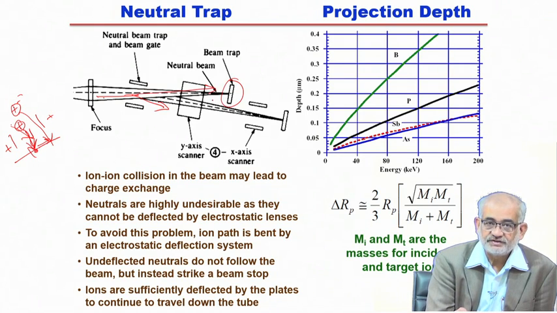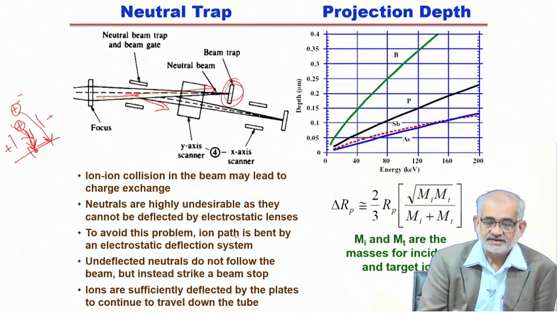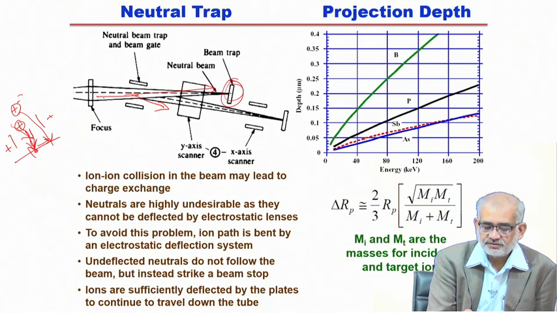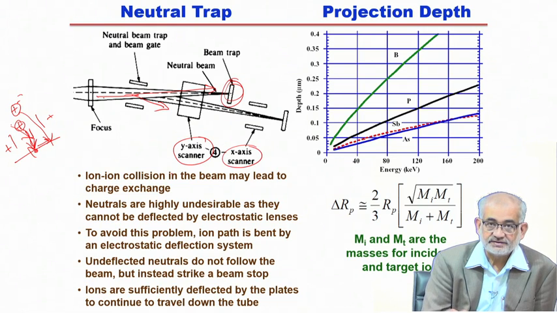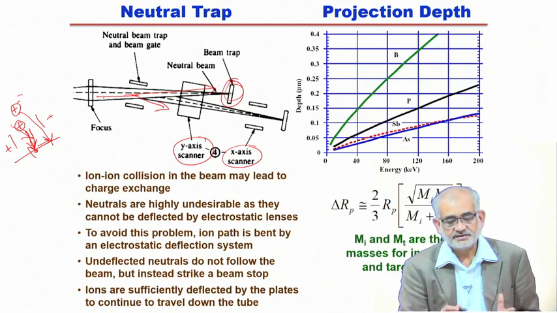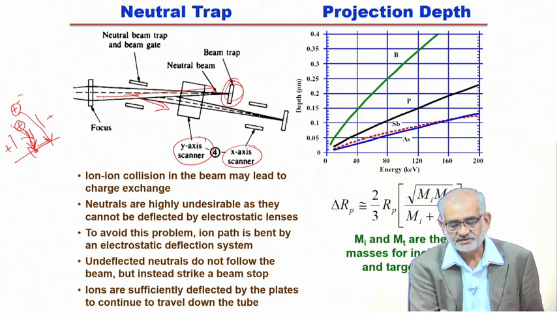So they continue to move in the same linear path and then get trapped here, maybe in a metallic or some other trap in which they get arrested. But the ions now actually get deviated, and with the help of this XY or XX or YY deflector, electrostatic deflector, you actually can make them focused precisely onto the spot where you want them to be incident.